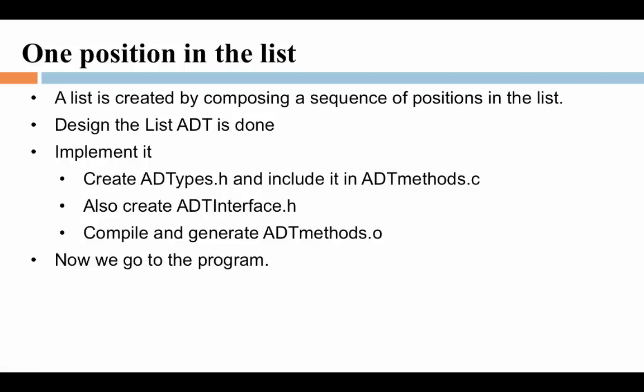These are the details of the implementation at a top level. So now we go to the program to see what the implementation of the list abstract data type looks like.